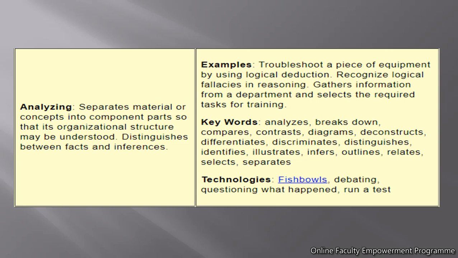You will pick one by one and give the answer for each of those queries at random. You will summarize the topic at last. That particular mechanism is nothing but the fishbowl technique. By conducting a debate, or by giving an open-ended question, you will initiate the analyzing step in Bloom's taxonomy.